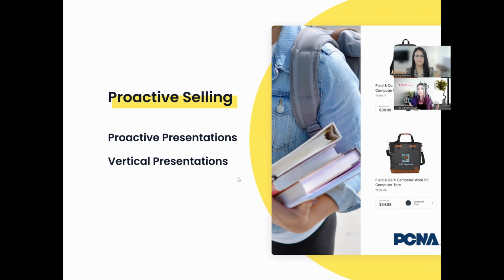And I know with vertical presentations, vertical niches and industries is such a focus right now for so many distributors. I've talked to distributors who focus on hospice care or healthcare or education. They have kind of their world that they work in, and being able to make some small adjustments, you can really hit a vertical pretty easily, even if you're just updating those lifestyle shots to show that moment.